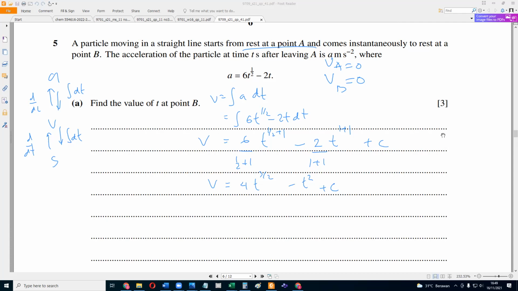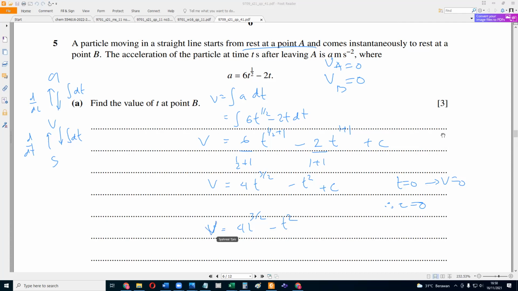Up until this, we know two things. First, we know that when t equals 0, at position A, then v equals 0. It means that c must be 0. So v is 4t to the power 3 over 2 minus t squared. How can you know that t is 0 and v is 0?